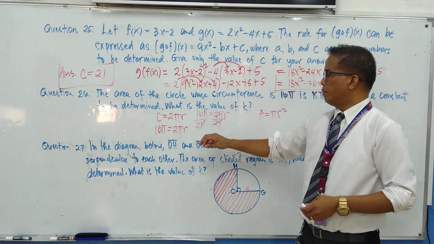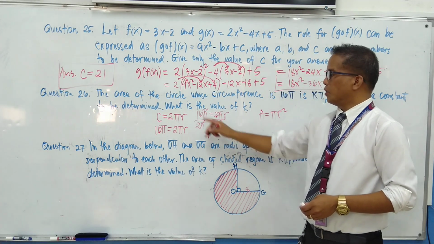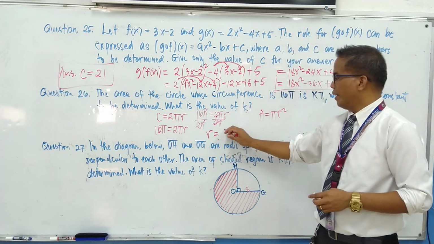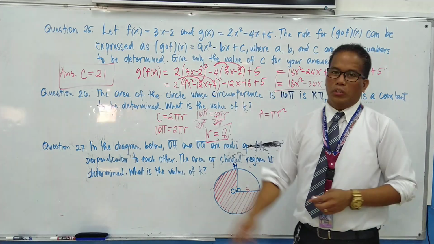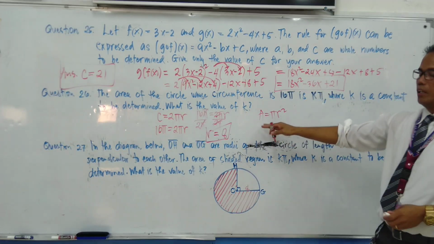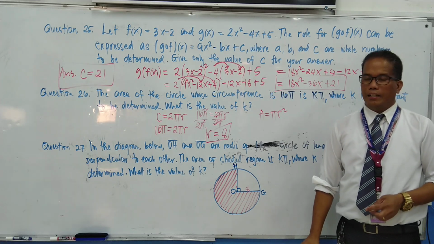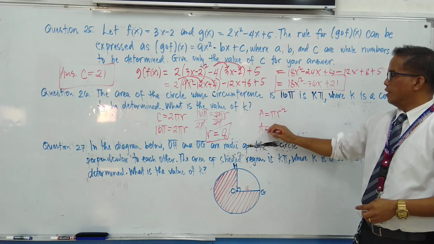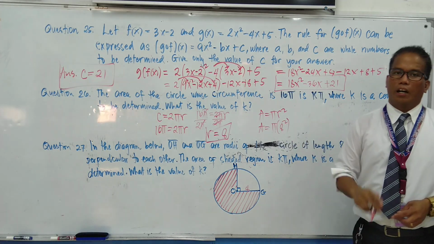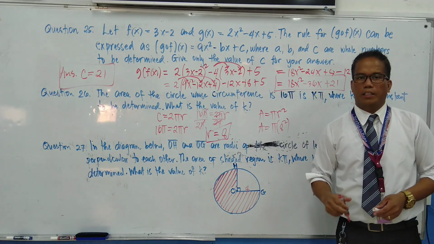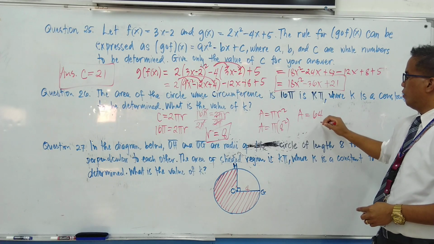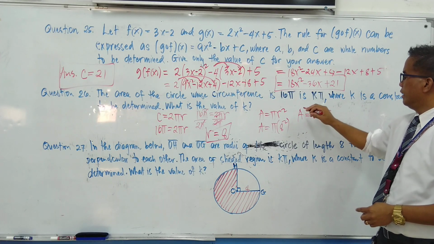Then cancel pi and pi, so r equals 16 divided by 2 equals 8. Once you have the value of the radius, use the formula of area. So area equals pi 8 squared. 8 raised to the second power is 64. So area equals 64 pi.